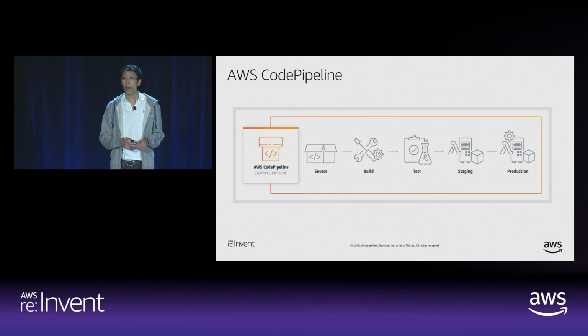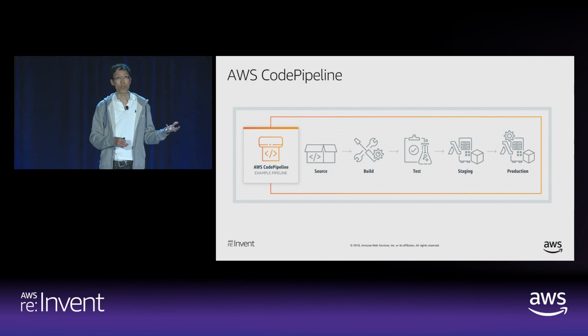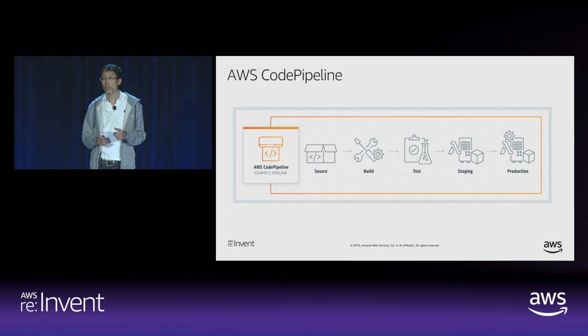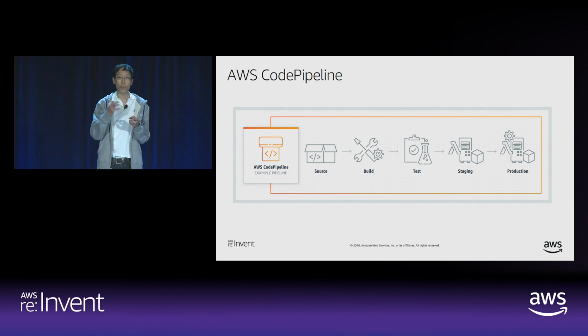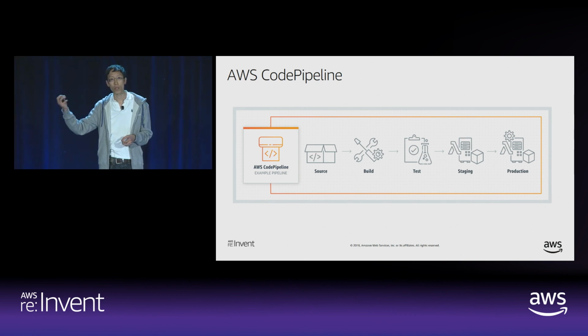So with CodePipeline, we start with the source code, and after we commit the code to source control, it goes through the build process. That means you're going to get the package of the software, right? After the build, you go through the testing. From the testing, you deploy into staging, and after that you use that build to deploy into the production workloads, right?